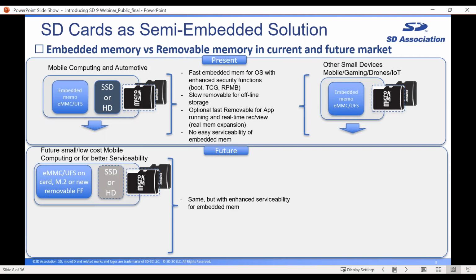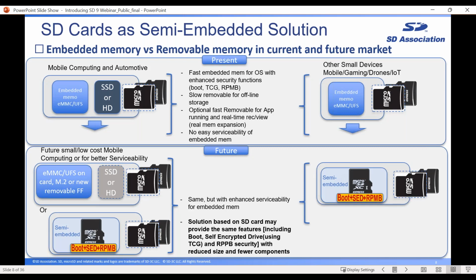In order to get better serviceability, we may see either eMMC or UFS on boards in order to be able to remove them, and maybe new removable form factors, or we can see a solution that is based on an SD card, including the boot, self-encrypting drive, and RPMB capabilities, with a reduced size and fewer components. A similar solution applies for the group of applications shown on the right.